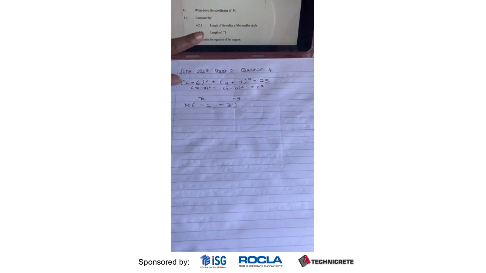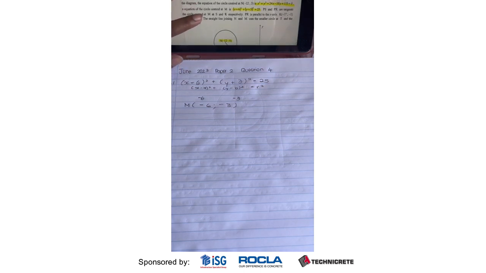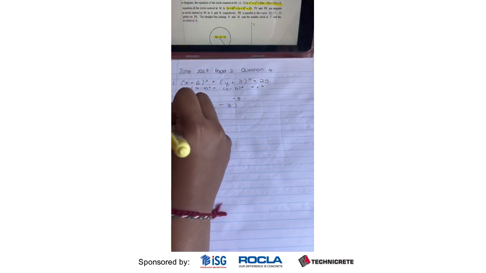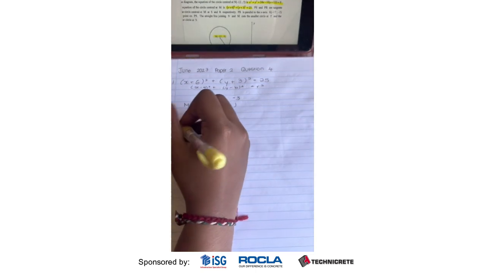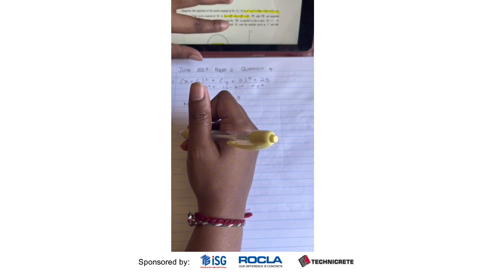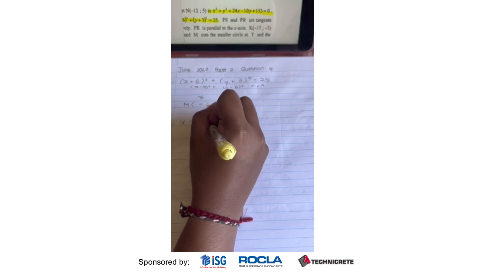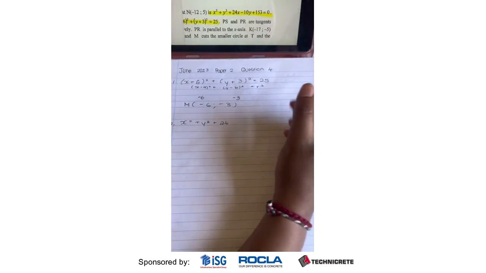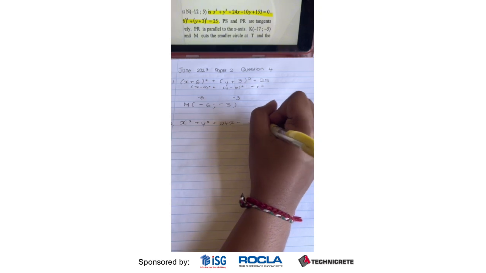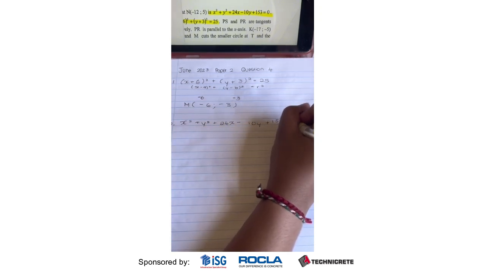The next question said, determine the length of the radius of the smaller circle, which is the one with N. So here we get given this long equation at the top, which is the equation for N. So we're going to write that down. This is 4.2. Okay, so that long equation is x squared plus y squared plus 24x minus 10y plus 153 is equal to 0.